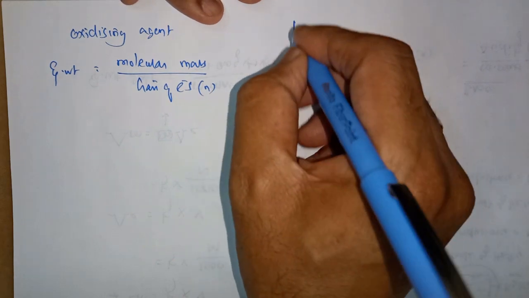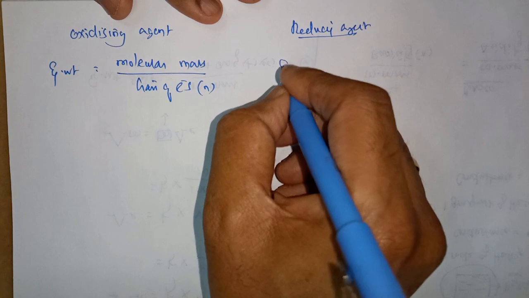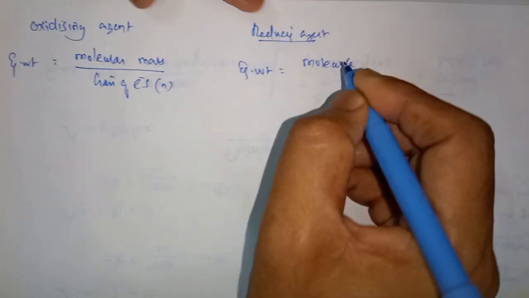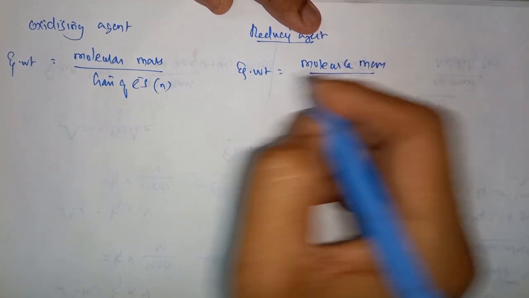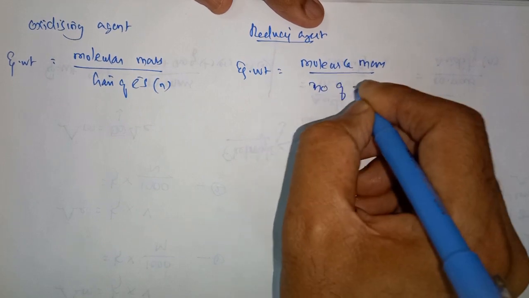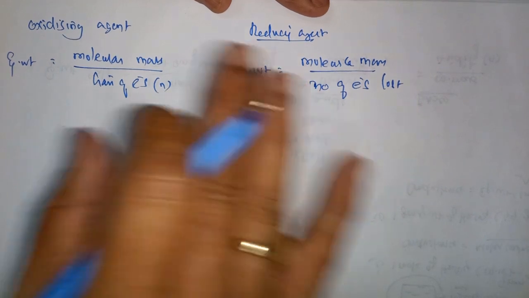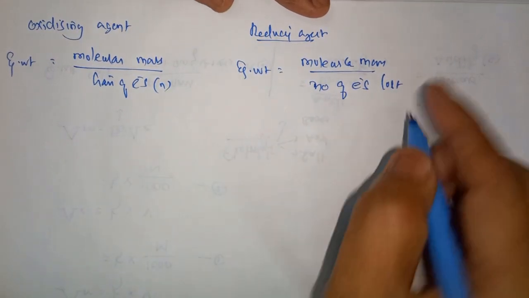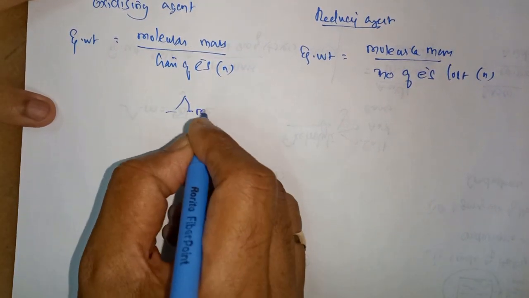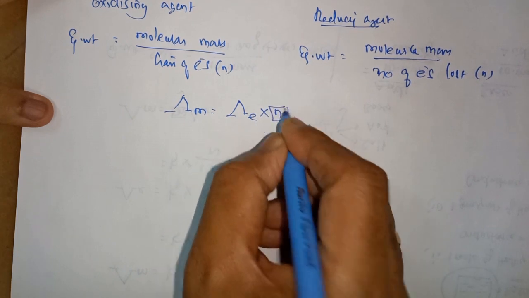If it is a reducing agent, its equivalent weight is equal to molecular mass divided by the number of electrons lost. Reducing agents are the substances which undergo oxidation, so it is the number of electrons lost. This is called n. Generally, the relationship between delta M and delta E is multiplied by this n value.